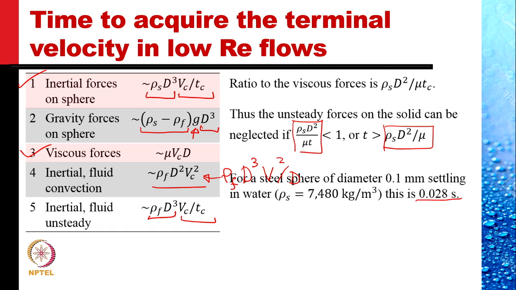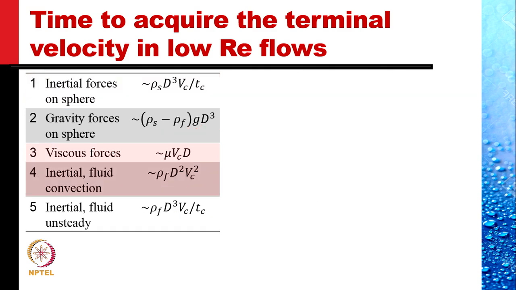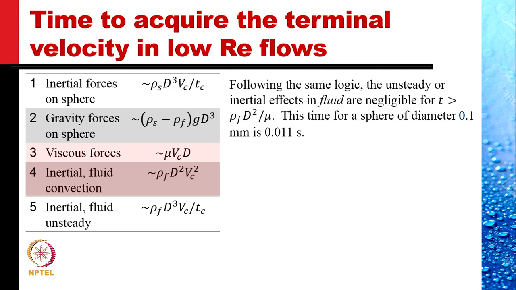This is because of the very small diameter of the sphere, which results in a very small Reynolds number. Now let's look at when the unsteady inertial forces in the liquid can be neglected. Following the same logic, the unsteady or inertial effects in liquids are negligible for T greater than rho f d square divided by mu.